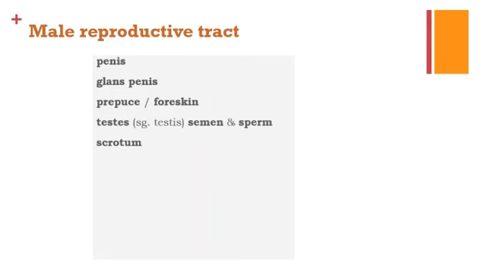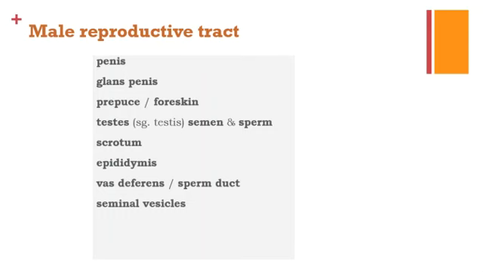The scrotum, the epididymis, and the vas deferens, which is also known as the sperm duct. The three accessory glands are the seminal vesicles, the prostate gland, and the bulbourethral glands.